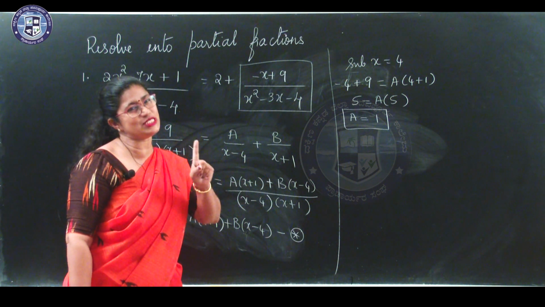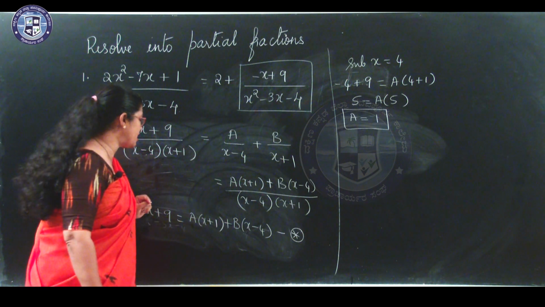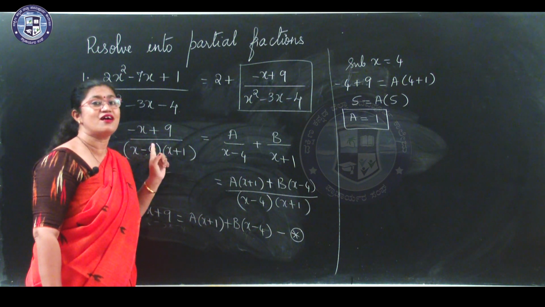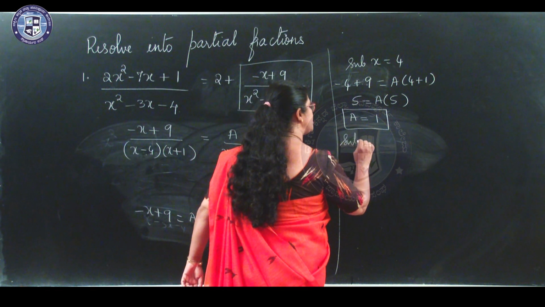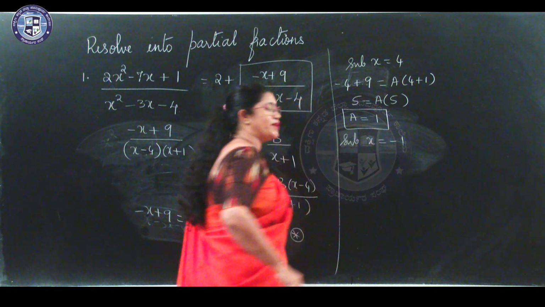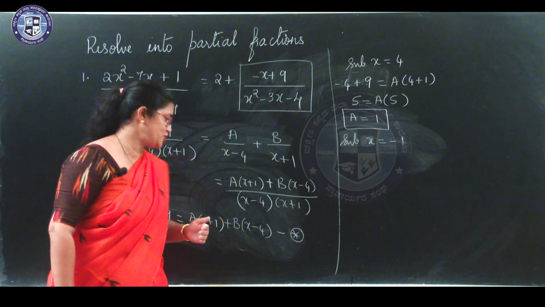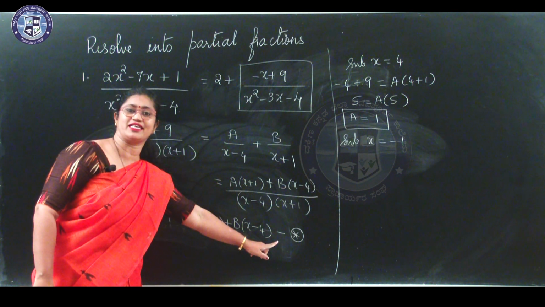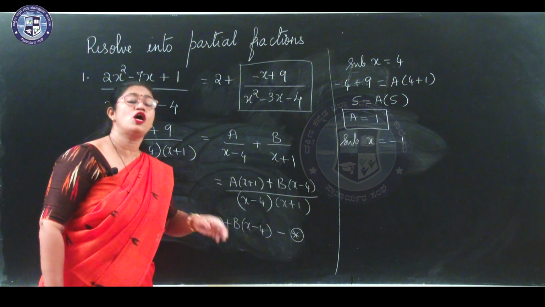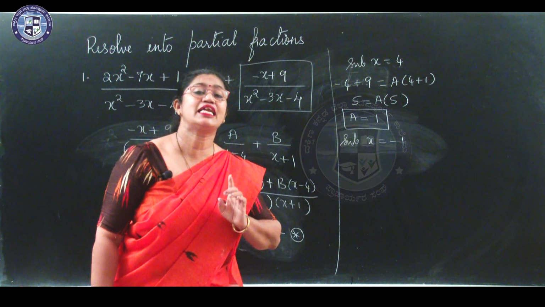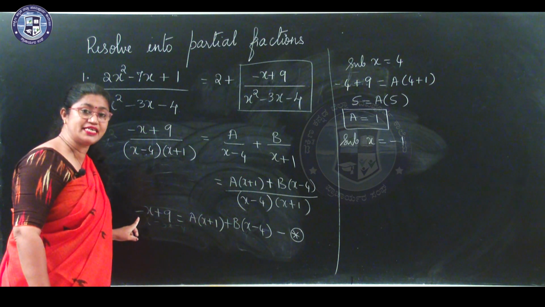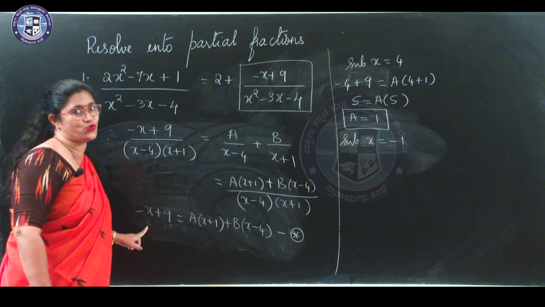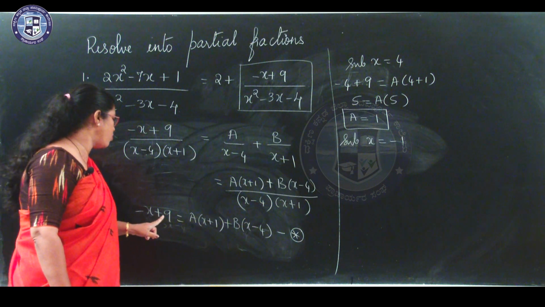So I already got one value, that is the a value. Now I need to get just one more value, and for that my next substitution is x is equal to minus 1. Where will I substitute? In this equation, star. Wherever there is x, replace it by minus 1. Be careful with the signs. Minus of minus 1 becomes plus 1, and 1 plus 9.